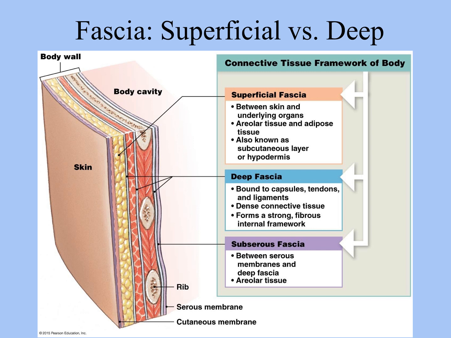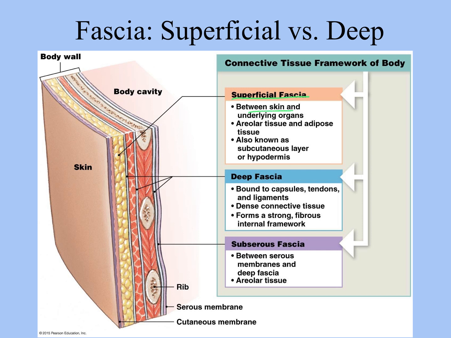And finally, fascia, which is a type of connective tissue that is going to come up again and again and again when we get to various regions of the body and anatomy. And so fascia, we can think about it as superficial fascia, that which is most superficial, most towards the surface. Remember, superficial versus deep.